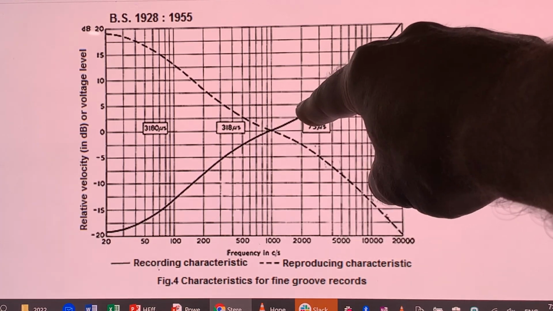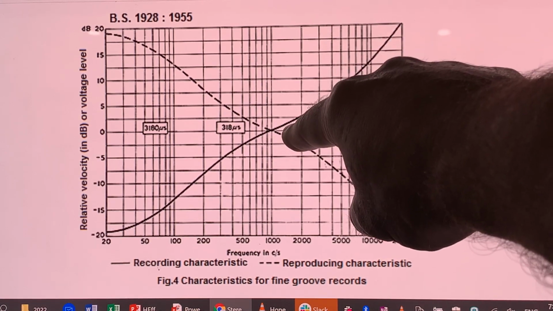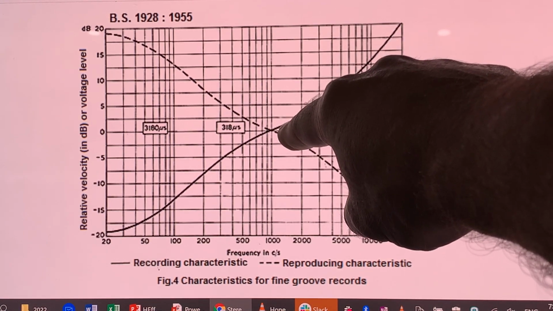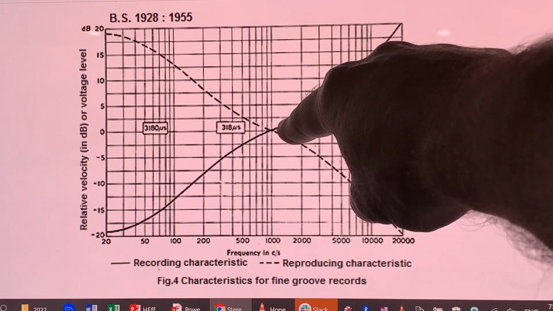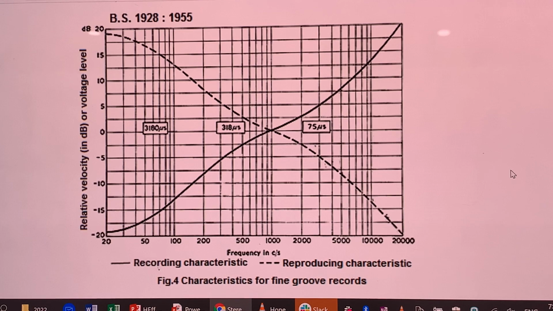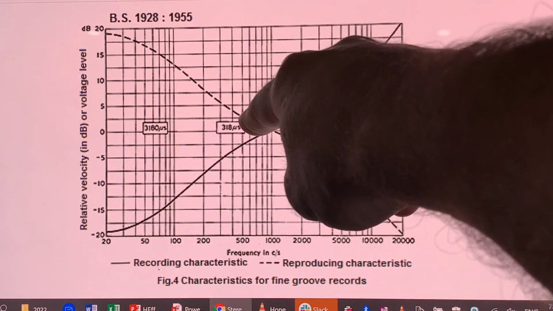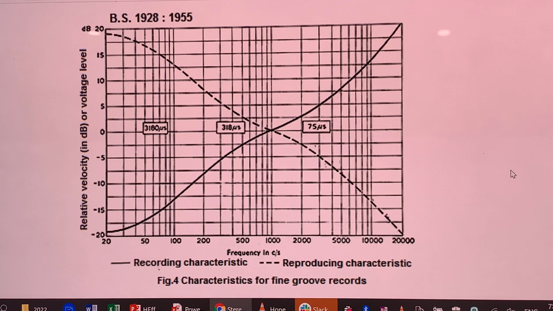Now, if it's higher than that, like 2000 hertz, then it's going to boost the signal. And this is something that people generally forget about. RIAA is not only cutting down the low frequencies, but it's also boosting the highs.